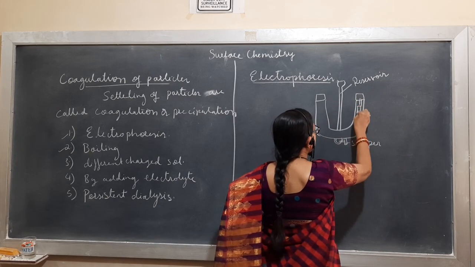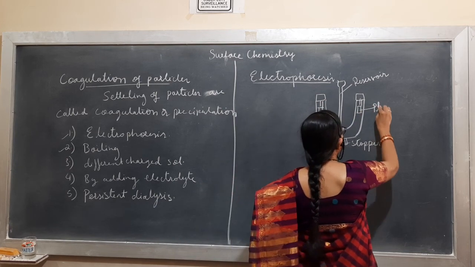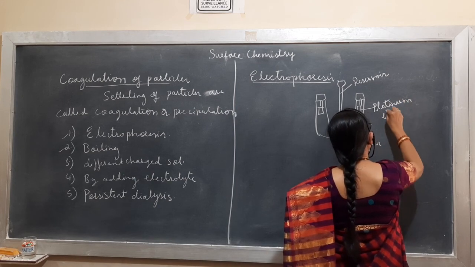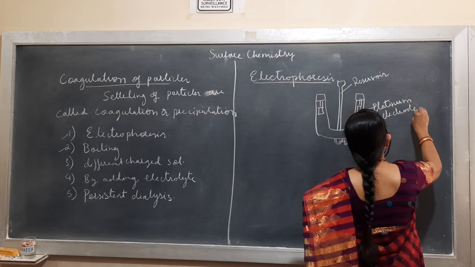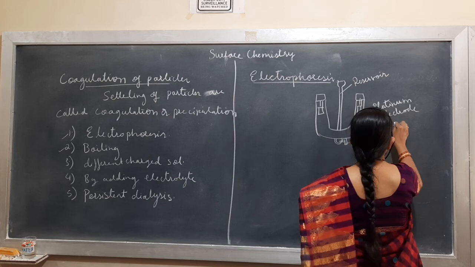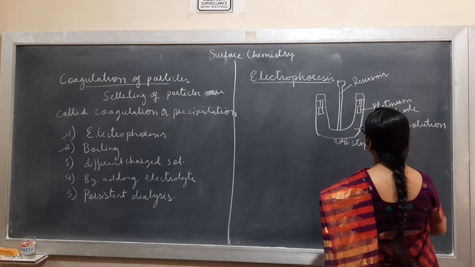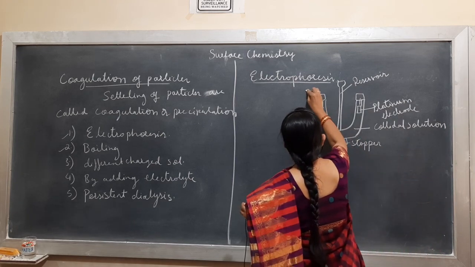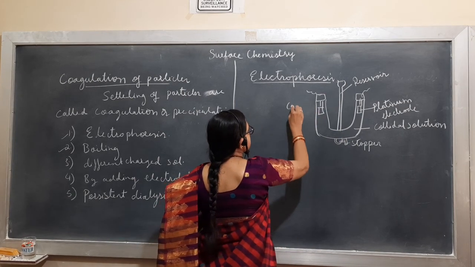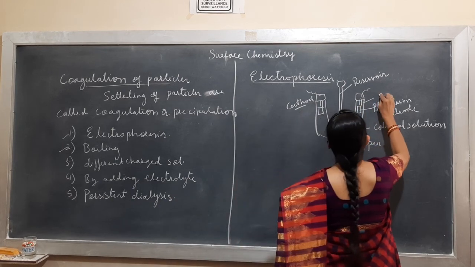The electrodes are connected. These electrodes are platinum electrodes. Then the colloidal solution is added in this, and these are connected to a battery. Suppose this is the cathode electrode and this is the anode electrode.